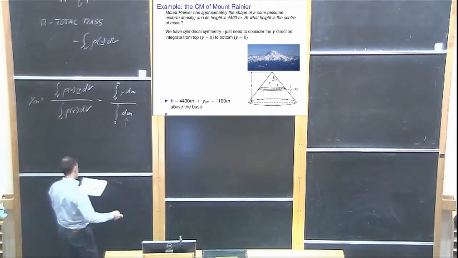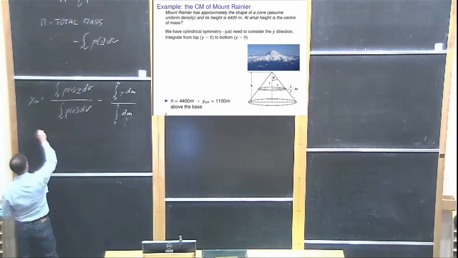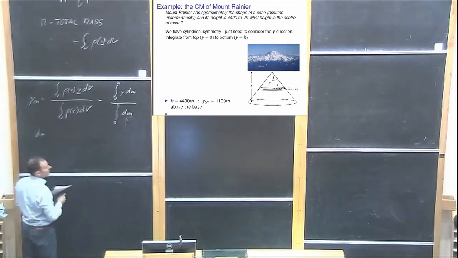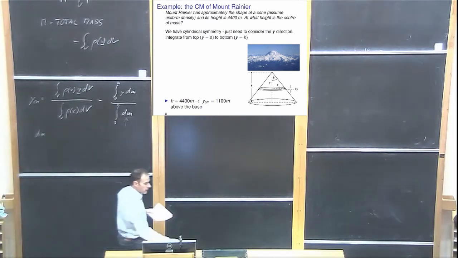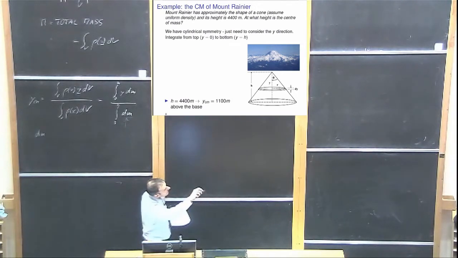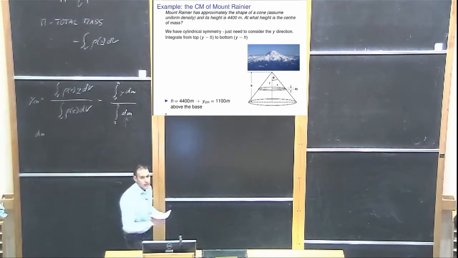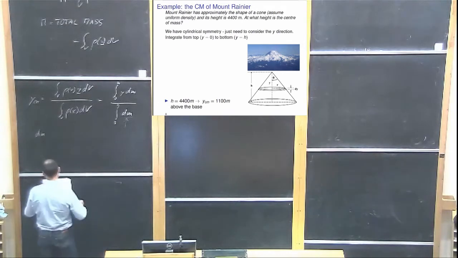Now, this dm is the mass you have along a little bit of this dy here. We've got the cone, and it is basically the mass of this disk at a position y that has a height dy and the corresponding radius of this cone at this particular y.